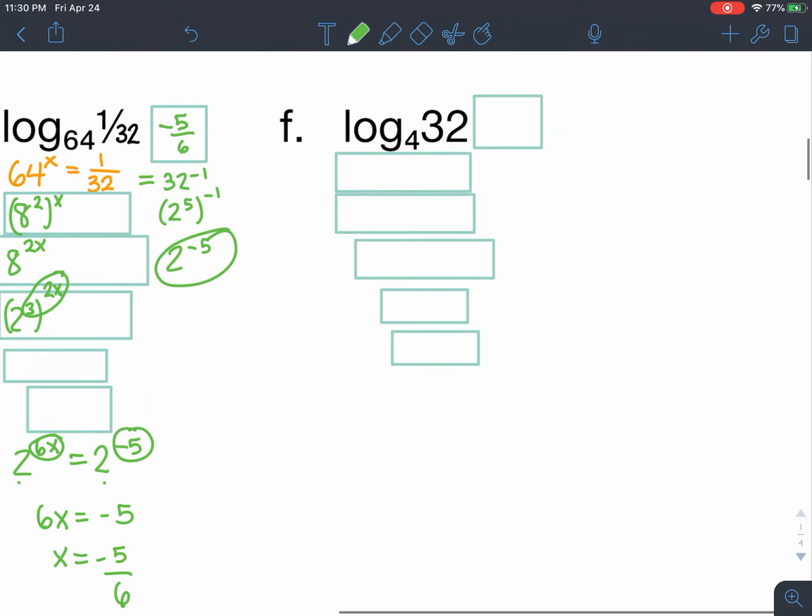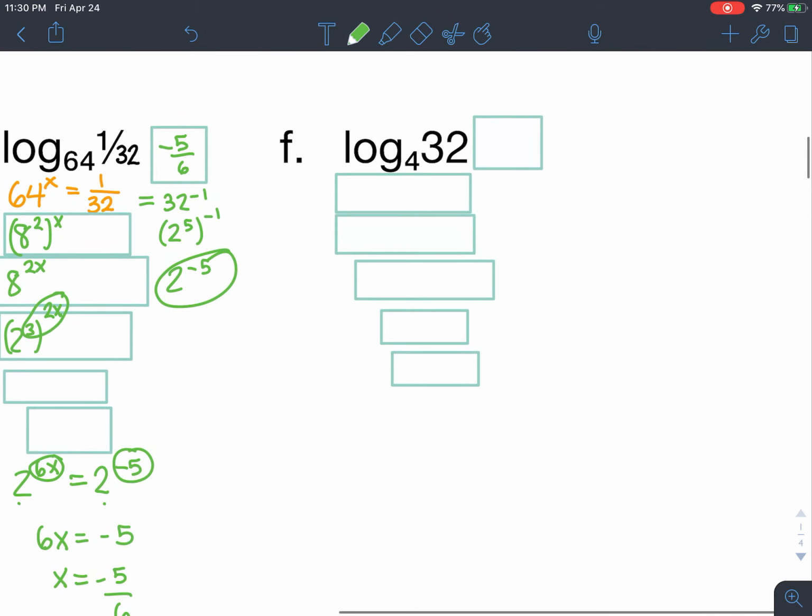Okay. Log base 4 of 32. So we're going to go with 4 to what power is 32? I don't know. I'm going to change 32 into 2 to the 5th, and I can change the 4 into 2 squared. 2 squared to the x power is 2 to the 2x.